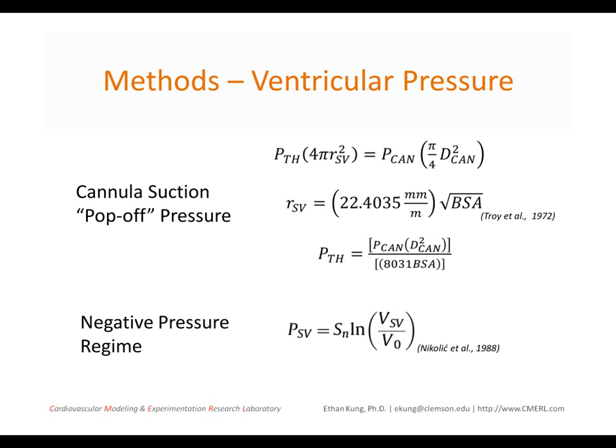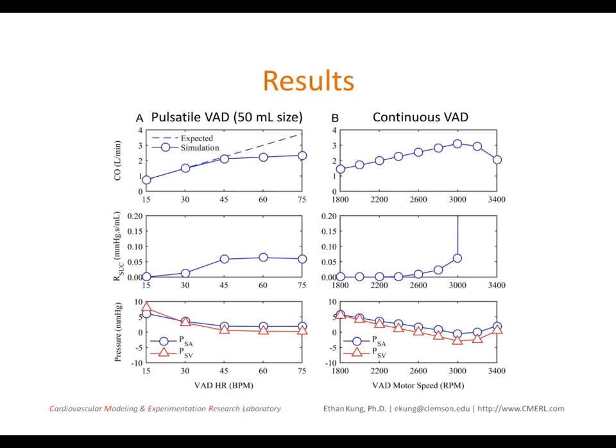We estimated this relationship by approximating the ventricle as having a circular disc shape when it is collapsed, and using data published by Troy to relate ventricular size and body surface area. Lastly, we used data published by Nikolic to derive ventricular pressure as a function of ventricular volume when the pressure is negative.